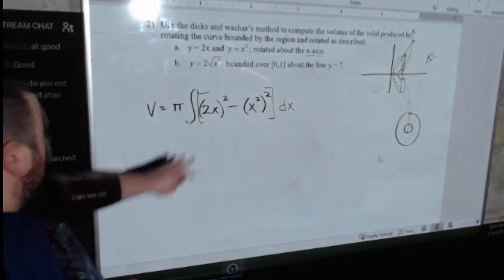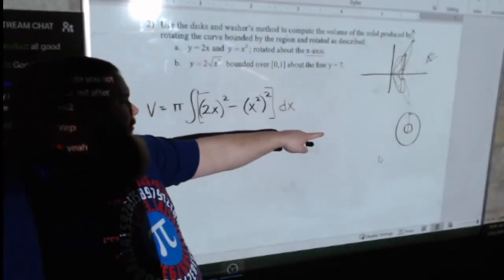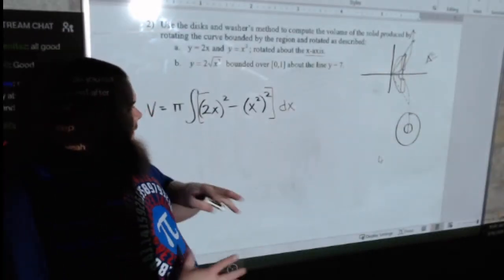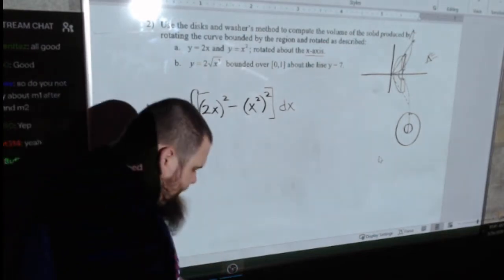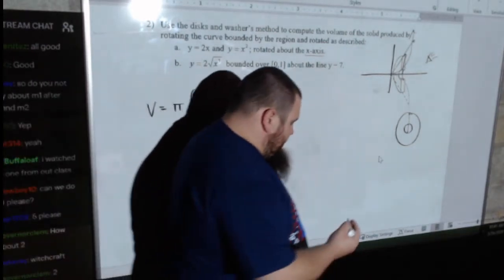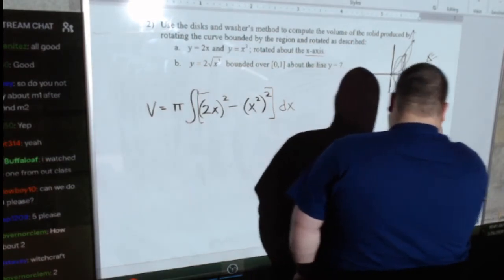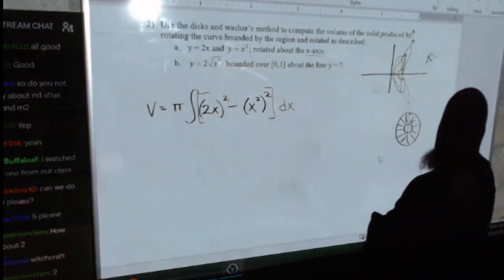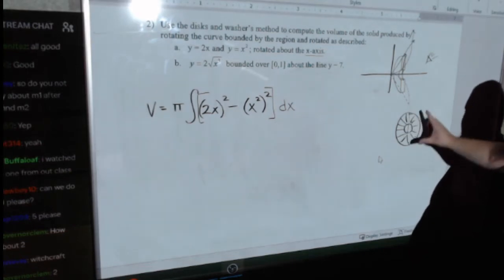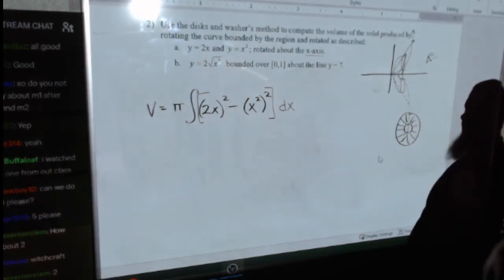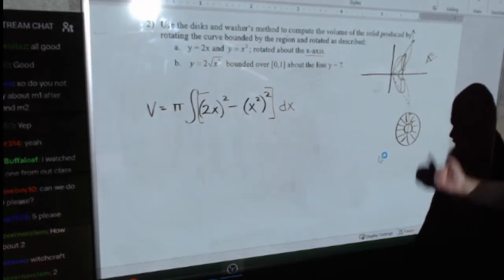If you can't remember it, always draw your little picture and realize that to get the area of that cutout, the area I've shaded, I have to take the area of the whole circle minus that one, and the area is pi r squared.